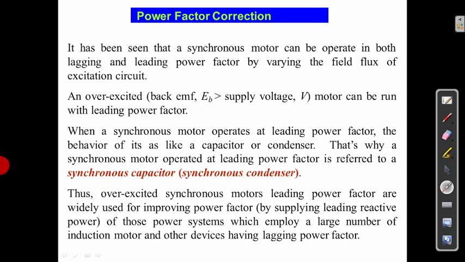Thus, overexcited synchronous motors at leading power factor are widely used to improve the power factor by supplying leading reactive power to power systems which employ a large number of induction motors and other devices having a lagging power factor.